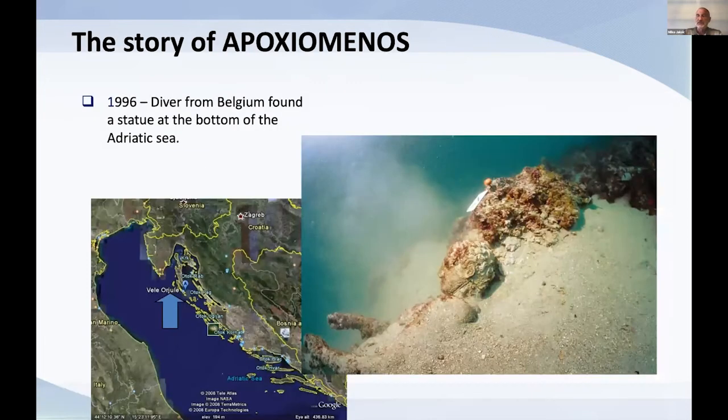I will just conclude with one, for me, nice story about when ion beam analysis techniques could give important information, and that is the APOXYOMENOS statue that was found 25 years ago at the bottom of the Adriatic Sea, and this is the original image of the statue that was found by Belgian tourists at a depth of 40 meters.